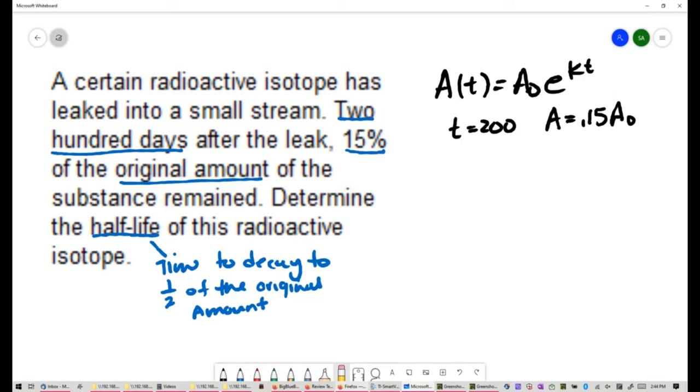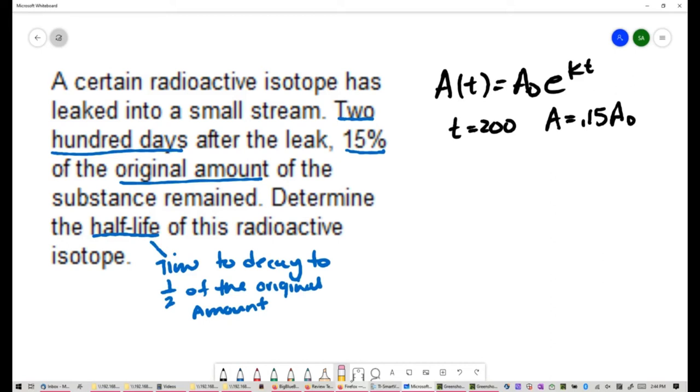So I'm able to build that relationship. A is equal to 0.15 A naught. I'm going to substitute this information into the formula and solve for k, the decay rate. We call it a decay rate because we are losing the amount instead of growing to a larger amount.